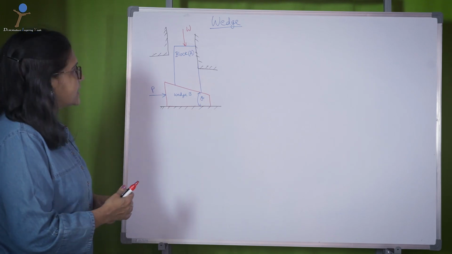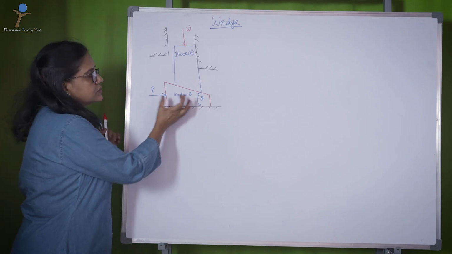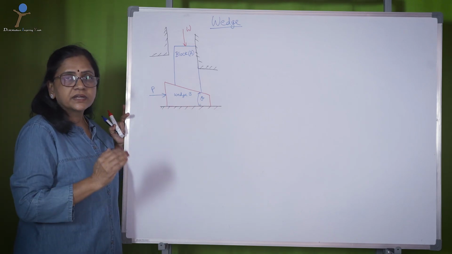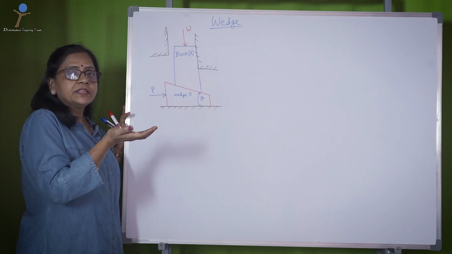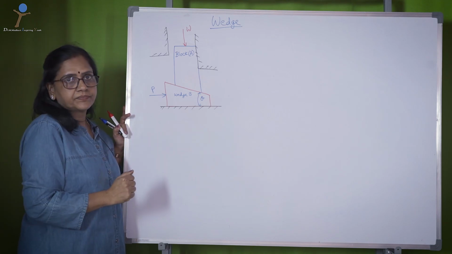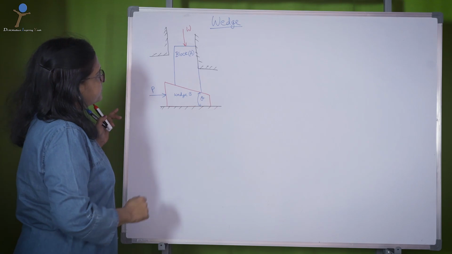As I said, wedges are machine components that are used to lift heavy objects. Now look at this figure.